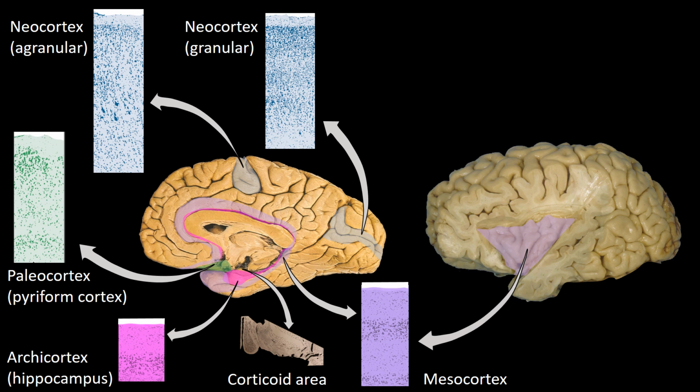Layering is most clearly seen at the neocortex. I find it harder to see the layering in the agranular neocortex present in the motor cortex than in the granular neocortex as present in the primary visual cortex. The neocortex, as previously stated, covers most of the human cortex.